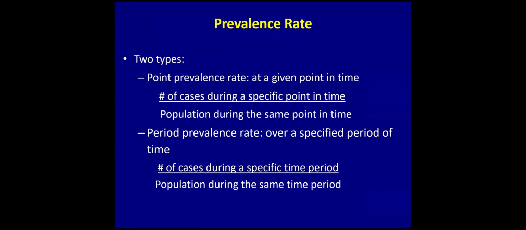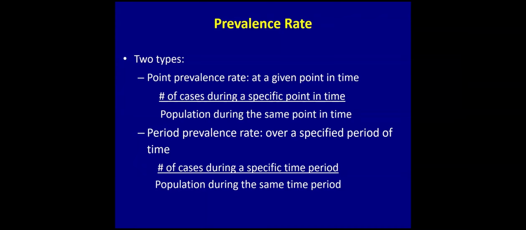What is point prevalence? For example, I'm conducting a survey and asking whether you have asthma today. I can conduct this survey over 2 months, but whenever I go to a participant, I ask whether you have asthma today, or currently.